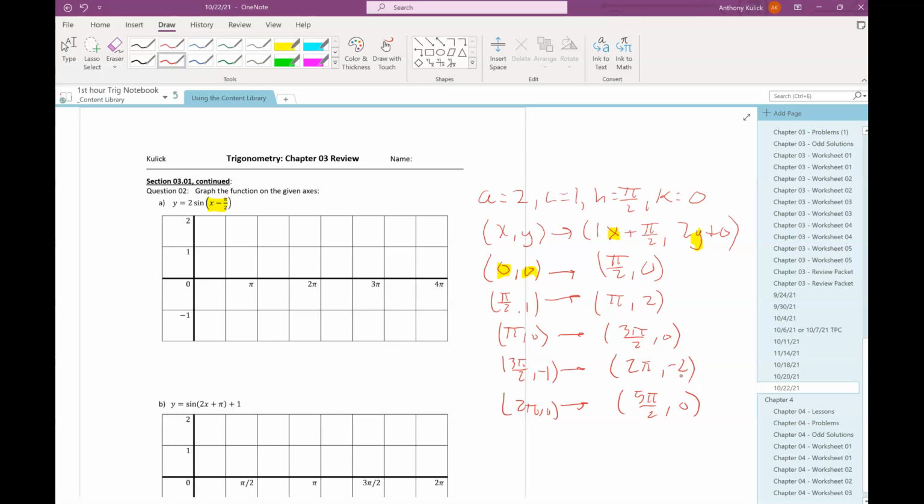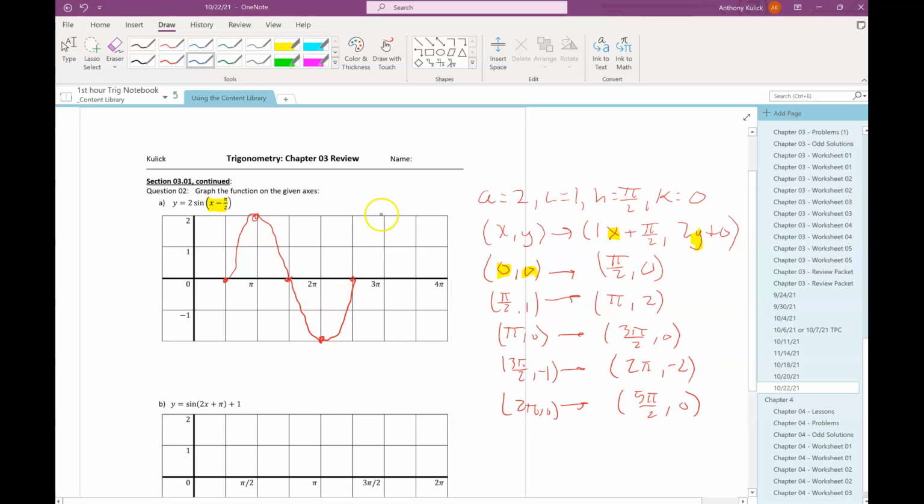Okay. So I'll go ahead and plot my points then. I notice that each grid line is half a pi. So here's pi over 2, 0, pi and 2, 3 pi over 2, 0, 2 pi negative 2, and then 5 pi over 2, 0 again. Now I'm just going to draw this in, and I'll extend my graph in both directions.